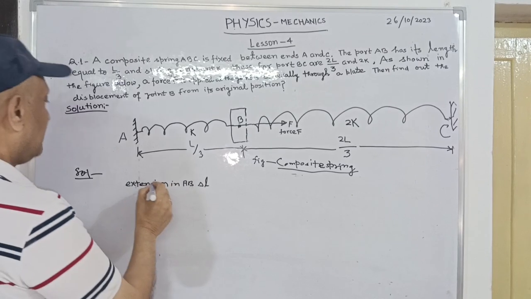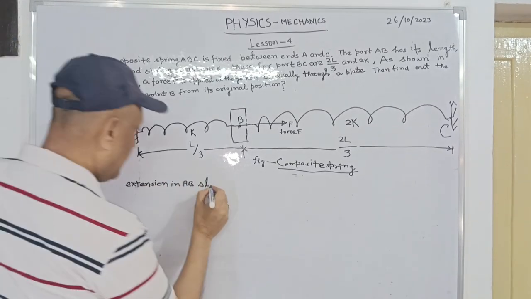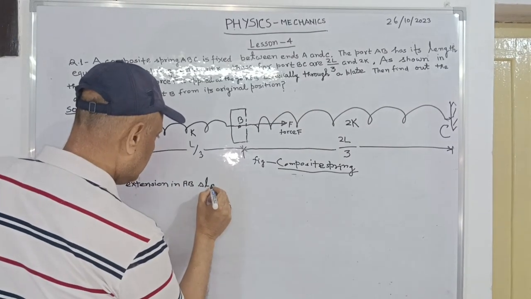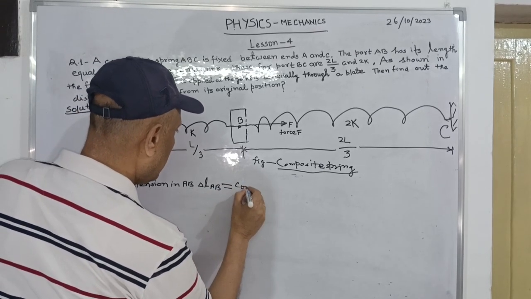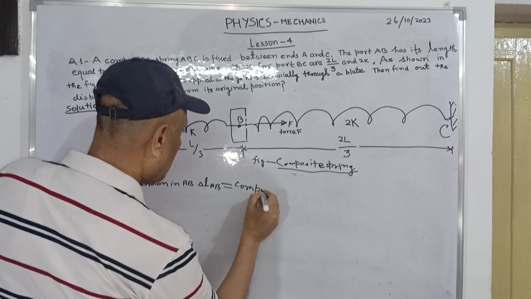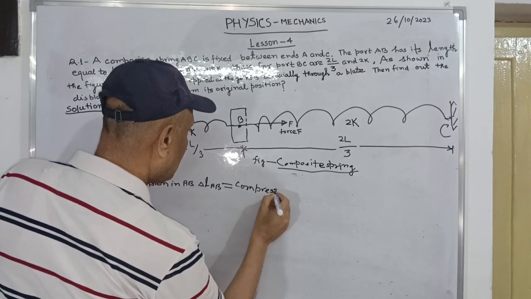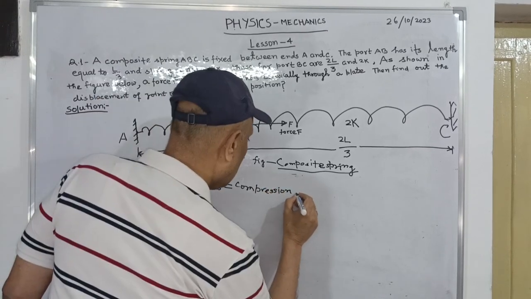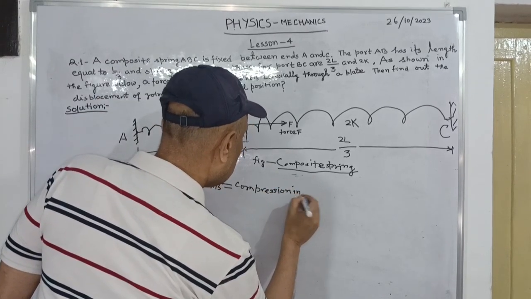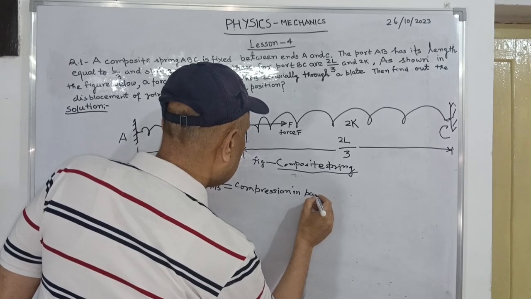Now, the extension in AB, delta LAB, will be equal to the compression in part BC.